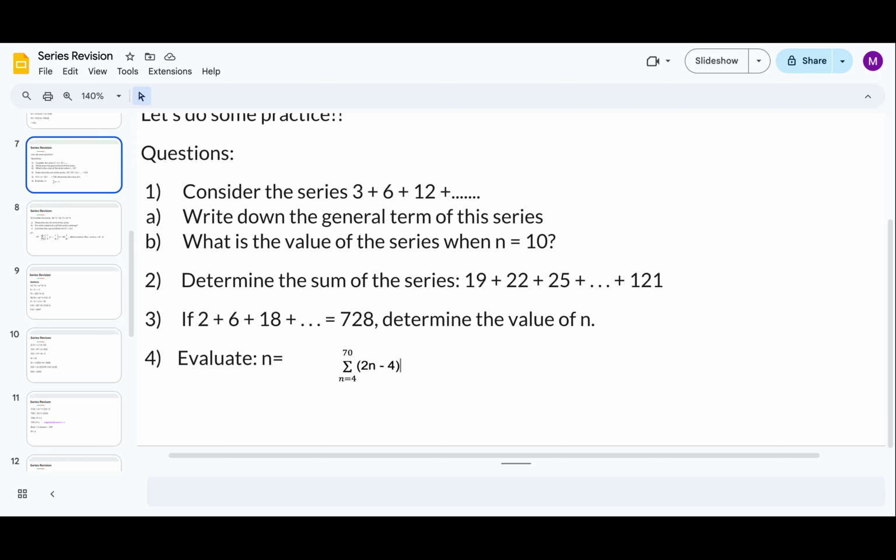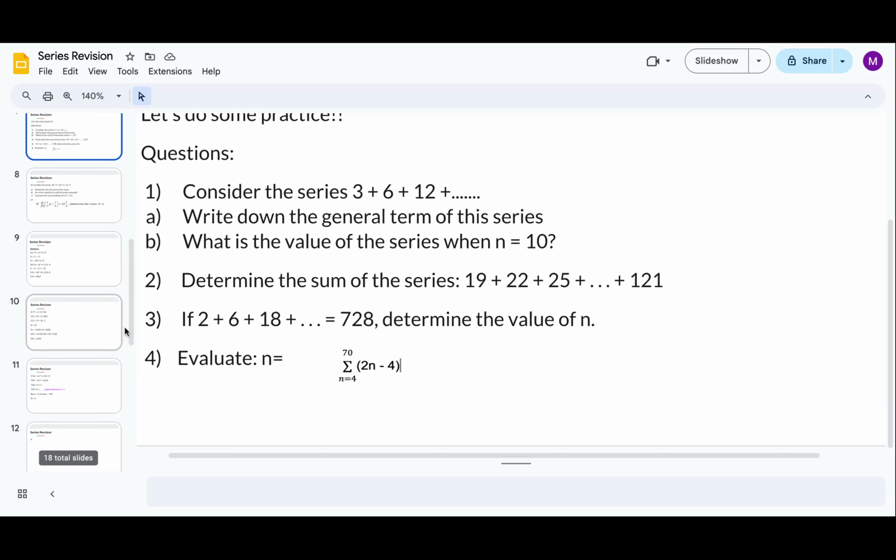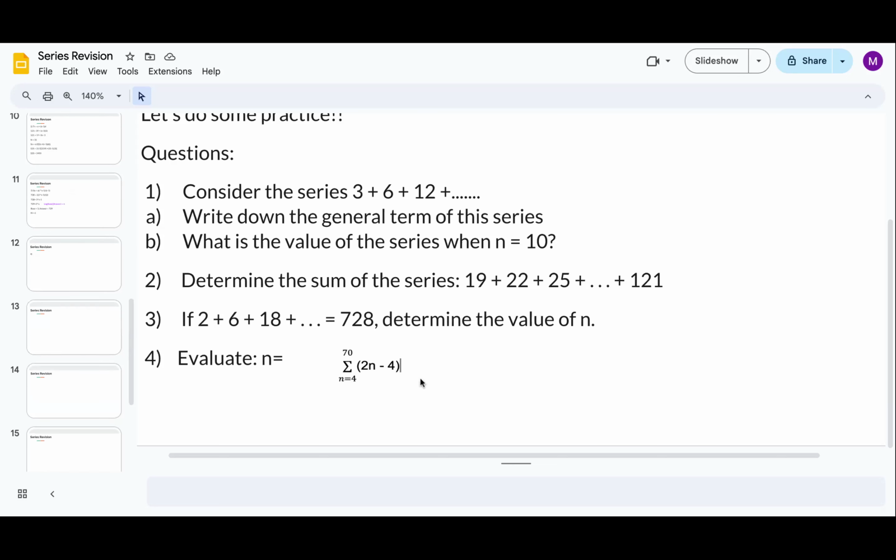Okay, let's go through the question, guys. Now we're doing question 4. So they gave us a sigma notation here, and they've asked us to evaluate it. Evaluating a sigma notation is basically just the same as evaluating a series.